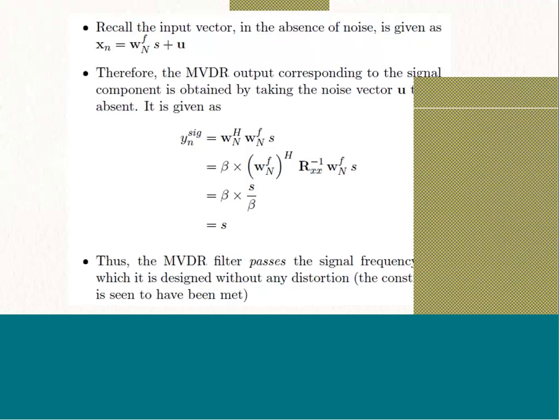At the correct frequency, the MVDR filter passes the signal without any attenuation or amplification, essentially without any distortion. In other words, the terminology D here is proven by this equation.